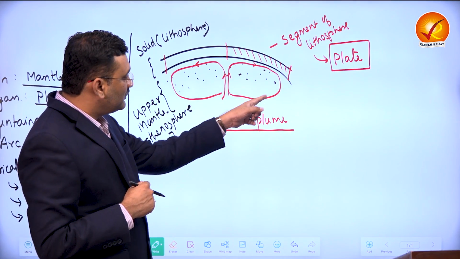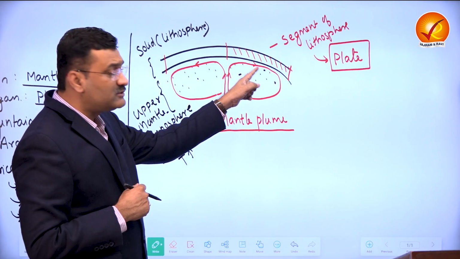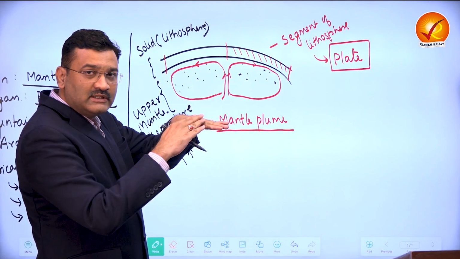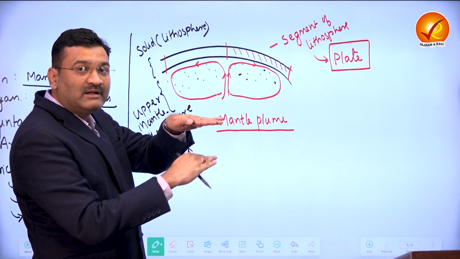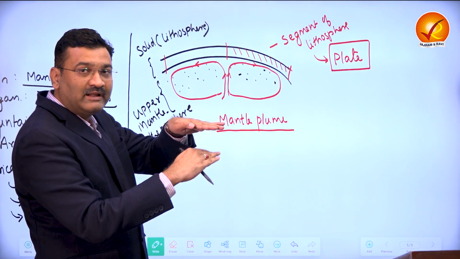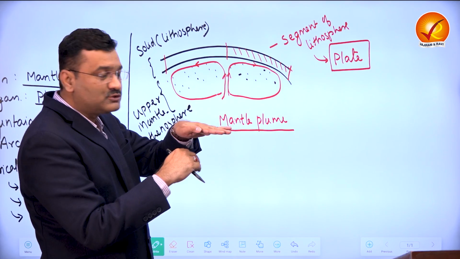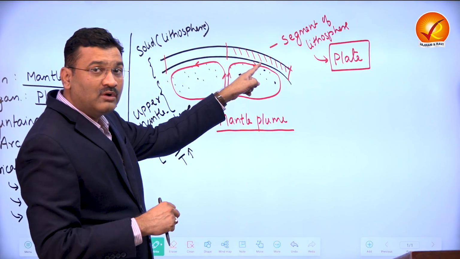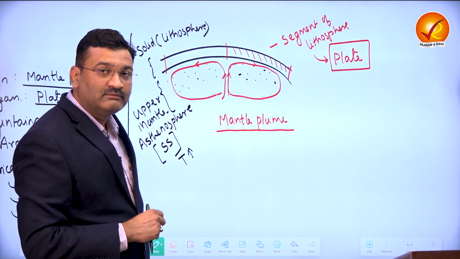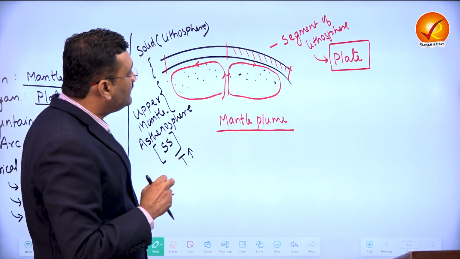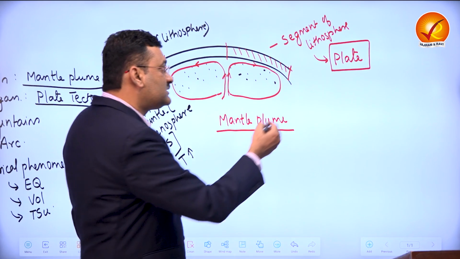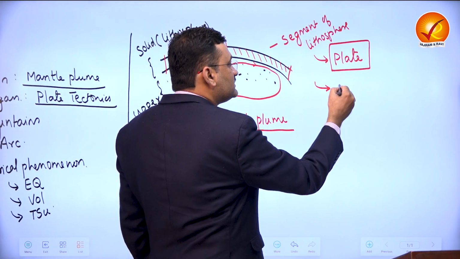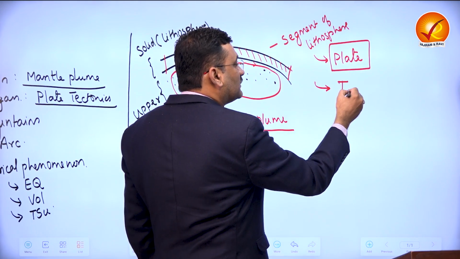The mantle plume is going to cause the movement. So below the lithosphere there are conveyor belt like structures operating, and this will cause the movement of the plates. When these plates are moving, they interact with each other, and this interaction is referred to as tectonics.